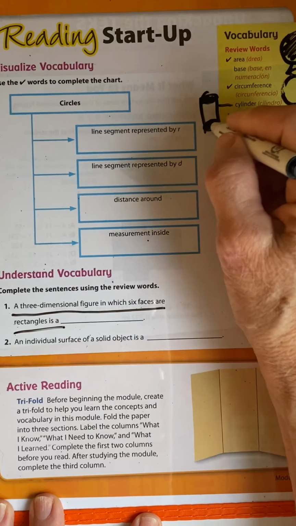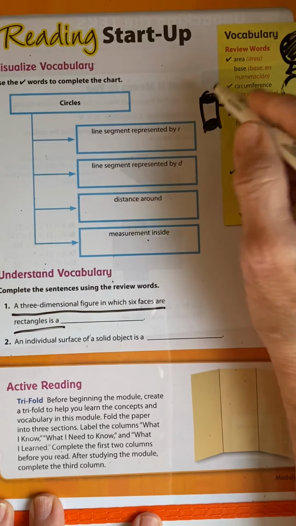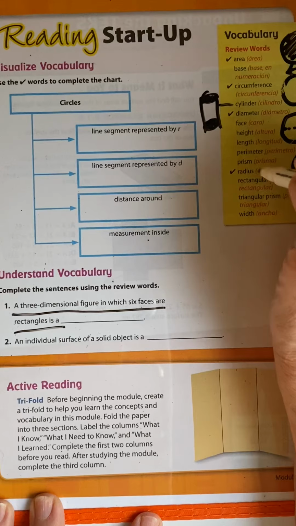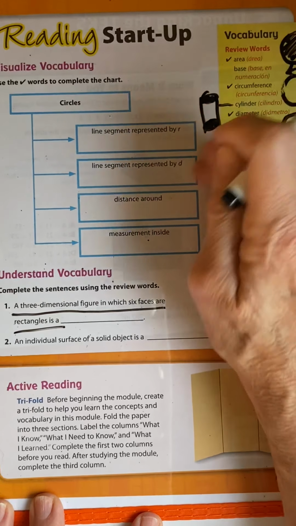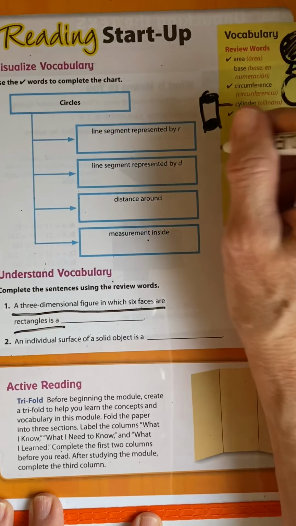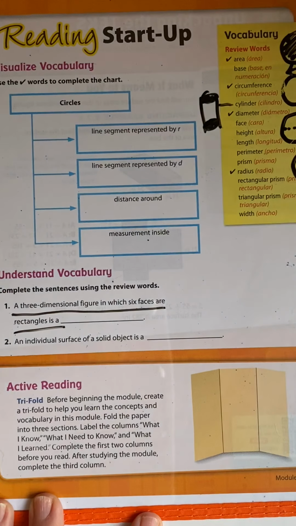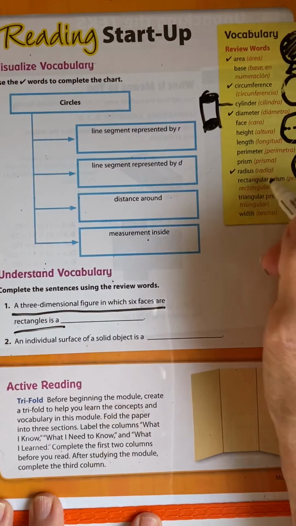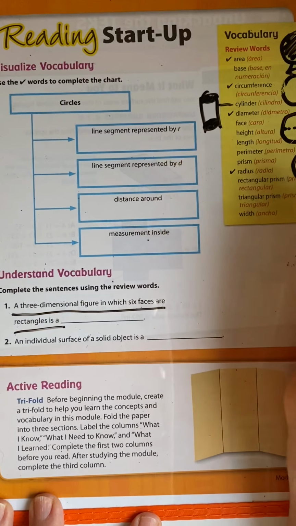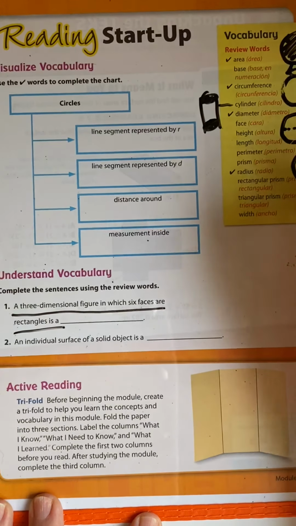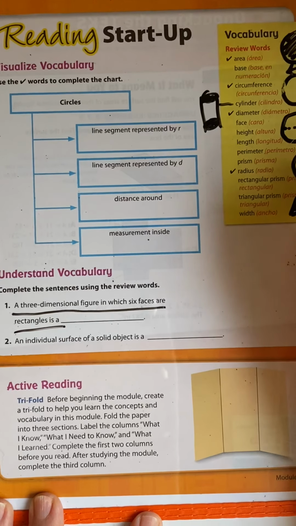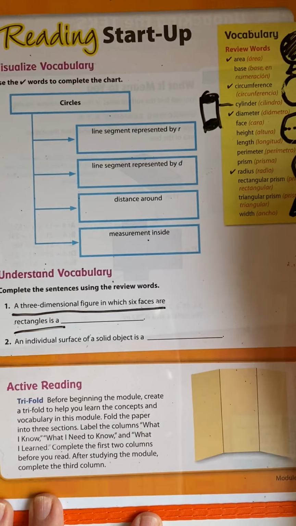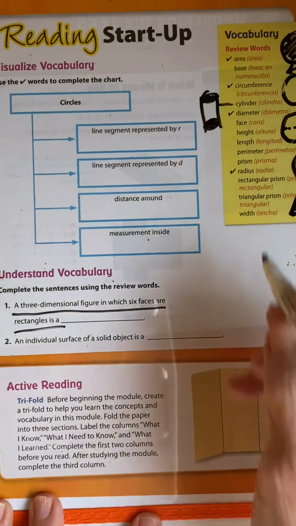A face is each side, the height, perimeter, prism. Perimeter is the distance around a figure. Prism. Rectangular prism. Triangular prism, with triangles on each end. Booyah. There's a triangular prism, and width.